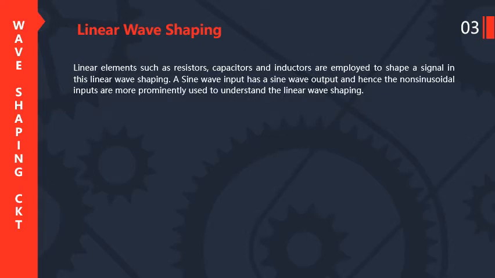Linear elements such as resistors, capacitors and inductors are employed to shape a signal in linear wave shaping. A sine wave input has a sine wave output, and hence non-sinusoidal inputs are more prominently used to understand linear wave shaping.